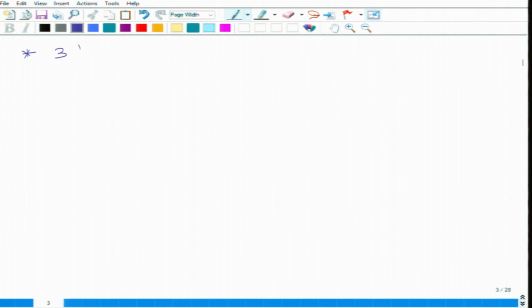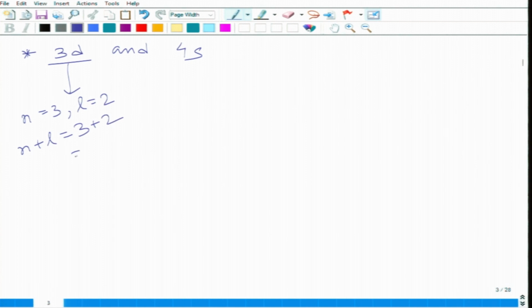So, 3D and 4S. Okay. So, in this case for 3D, n equal to 3 and L equal to 2. So, n+L will be 3 plus 2, that is 5. And for 4S, n equal to 4 and L equal to 0.